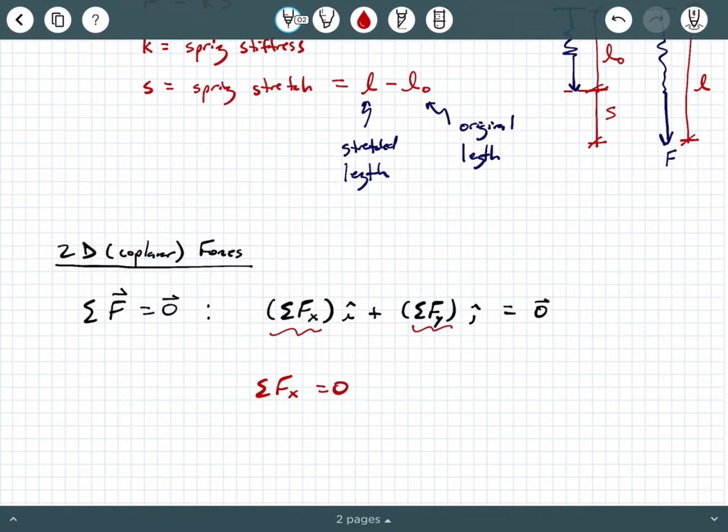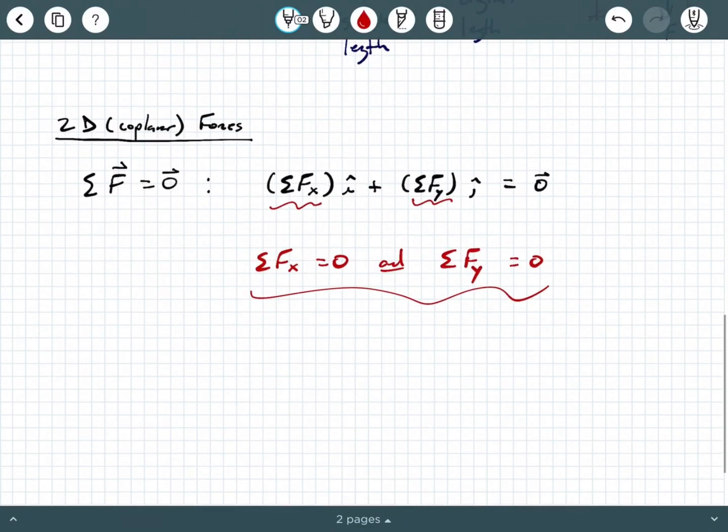It implies that the sum of the forces in the x direction equals 0, and the sum of the forces in the y direction equals 0. These two equations are called the 2D particle equilibrium equations. If I ask how many equilibrium equations we have for two-dimensional particles, you say we have 2 of them, and here they are: sum of the forces in the x direction equals 0, and sum of the forces in the y direction equals 0.